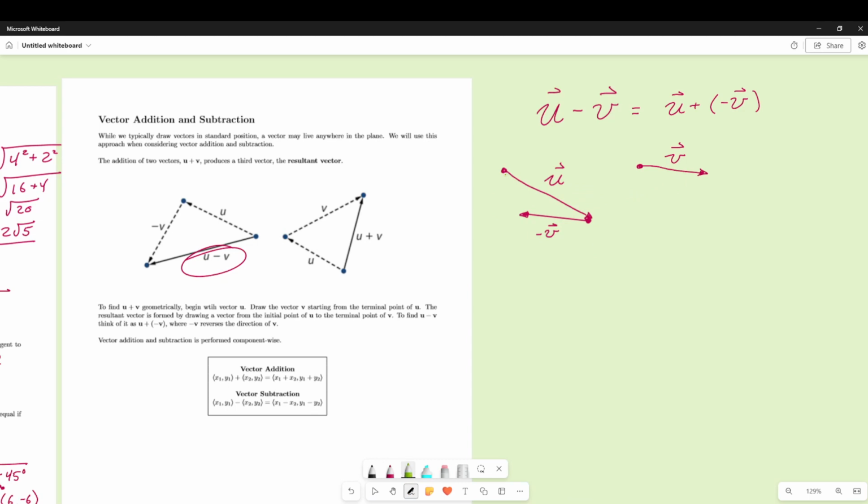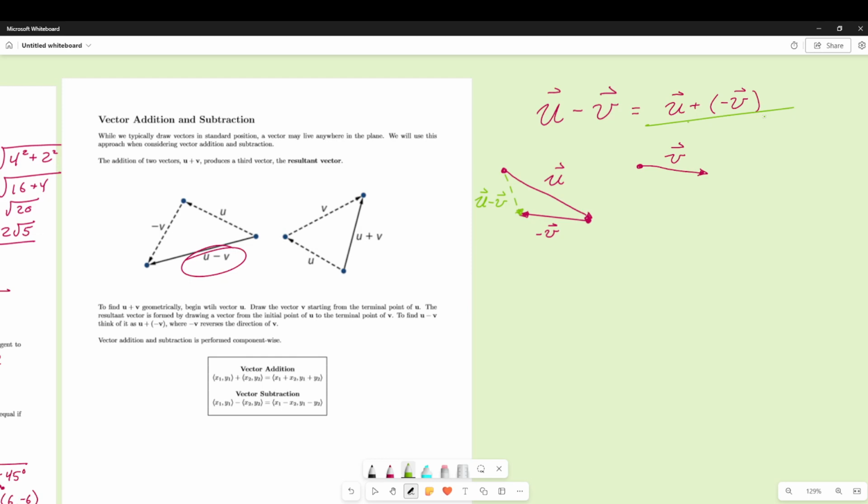And then the resultant vector is still the vector that goes from the initial point of the first one to the terminal point of the last one. So that's going to be our new vector, u minus v, or u plus negative v if you prefer.